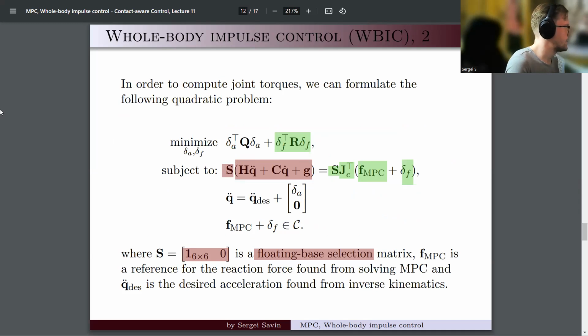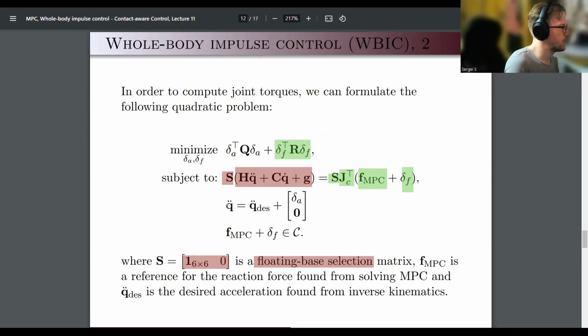Next, what we want is to make sure that our acceleration is equal to our desired acceleration. The desired acceleration you can get from inverse kinematics. In the original paper, it comes from task prioritization inverse kinematics. If you really want to, you could imagine it coming from MPC, but definitely not in practice.